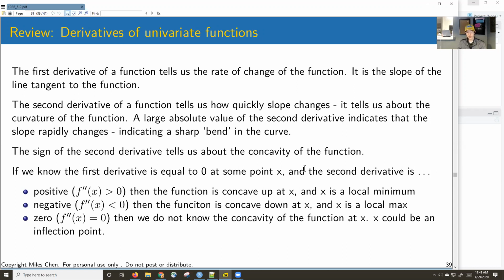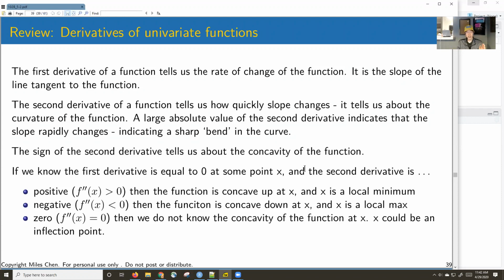The other thing that the second derivative tells you is the concavity of the function. If you have a first derivative equal to 0, so you're at some critical point, either a min or a max, then a positive second derivative means you have a local min, because you started off with a negative slope. The slope becomes less and less negative until it becomes 0, and then becomes more and more positive, indicating it's concave up and you have a local min.